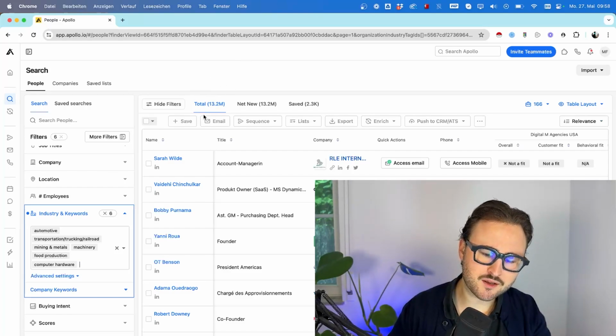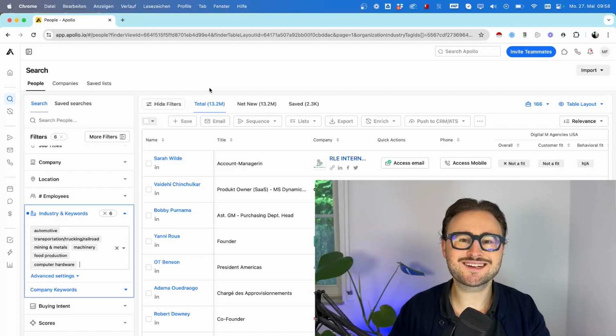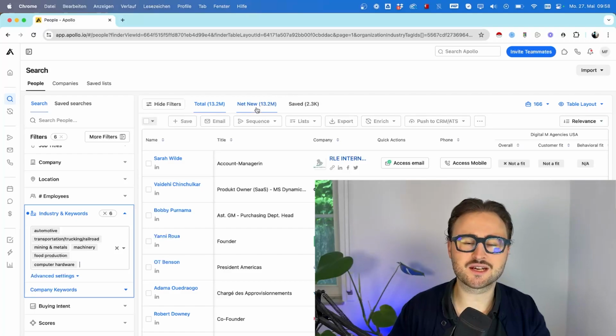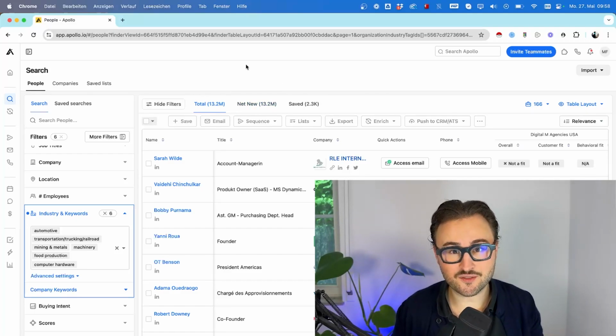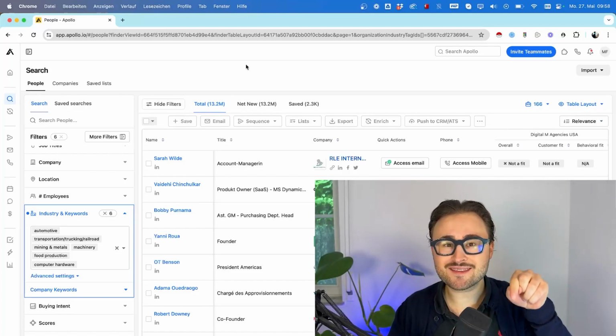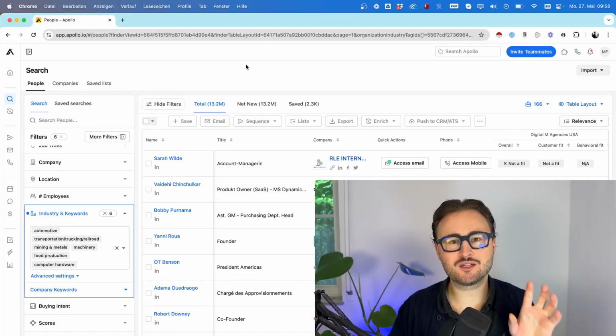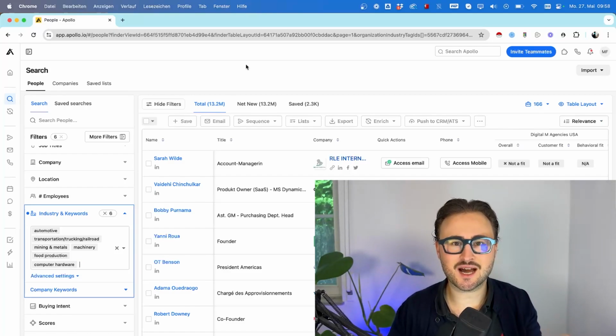Then you multiply your average revenue by the total number here, so by the 13.2 million leads. And then you have your total addressable market. It's very unlikely that you get 100% market share in that, but it gives you an idea how big the market potential is. Now we get one step deeper into uncovering the market which you can target.